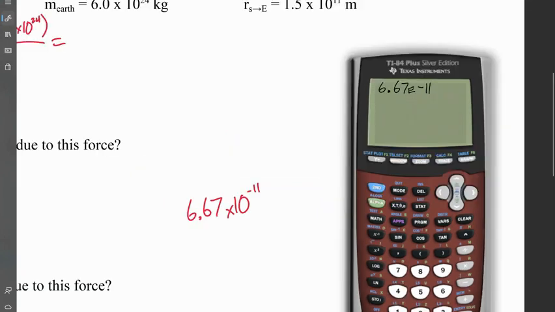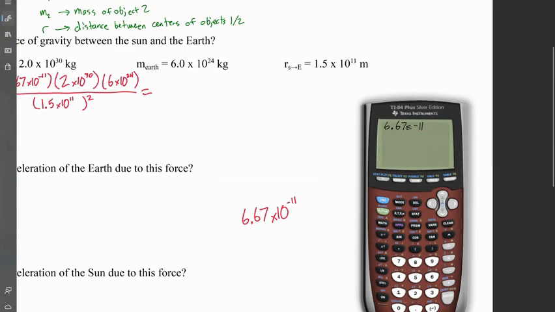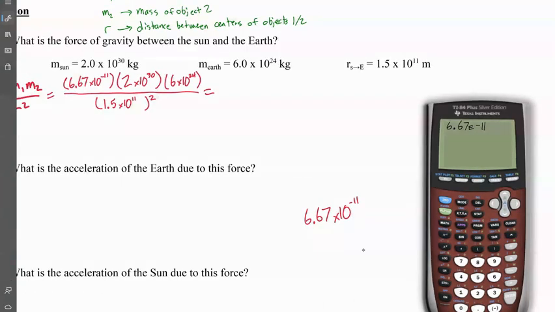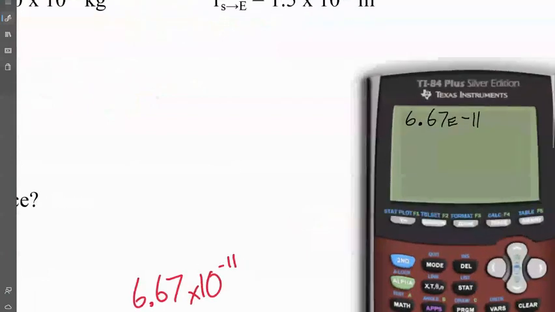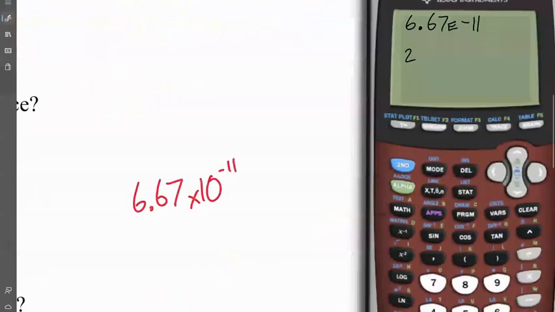Now we have some other numbers in here, right? 2 times 10 to the 30th. If we want to type in 2 times 10 to the 30th, we would type in 2 and then times 10 to the, remember, second, comma, gets us this capital double E, but on the screen it only shows up as a single capital E, so 2E30 would be that one.